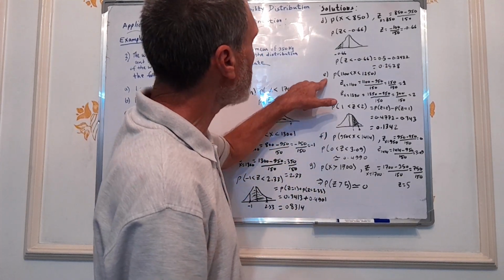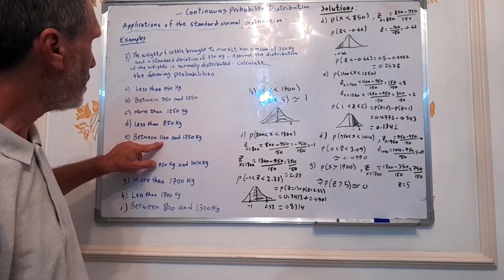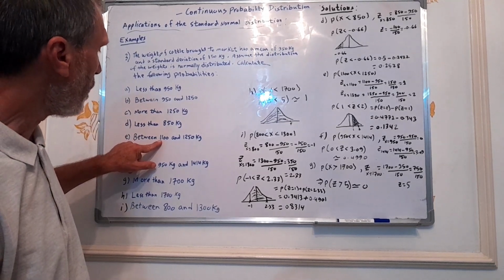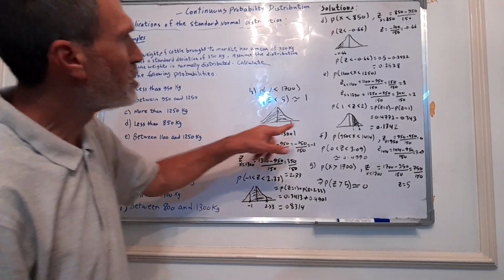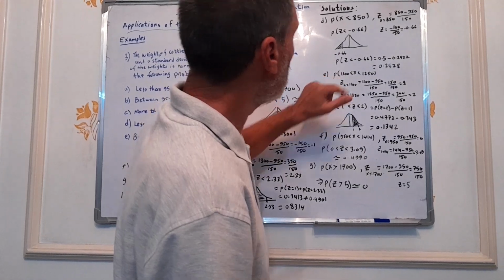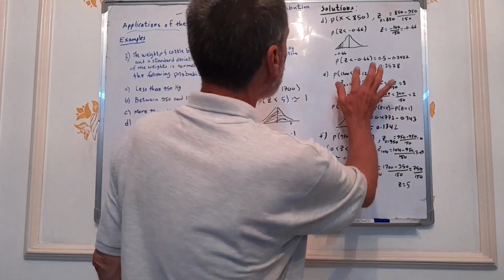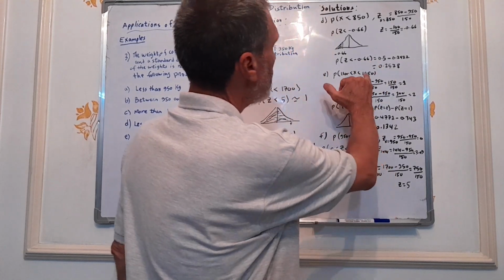Now we move to part E. Part E says between 1,100 and 1,250. So it's going to be equal the probability of X between 1,100 and 1,250.